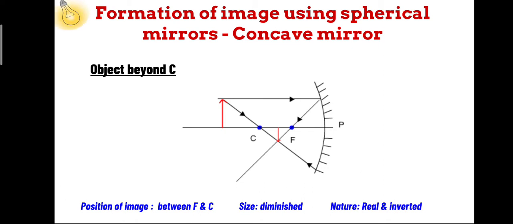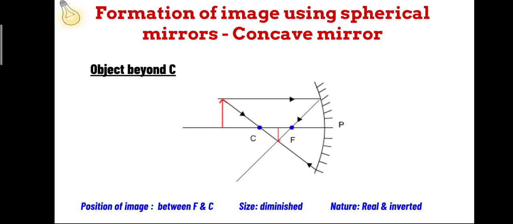Now we bring the object closer to the concave mirror. Let us see, if it is placed beyond C, then the image from the position beyond C falls in between the C and F position on the principal axis.